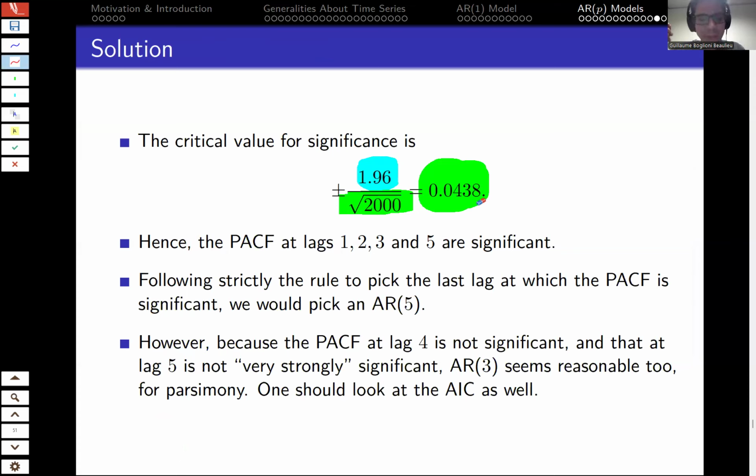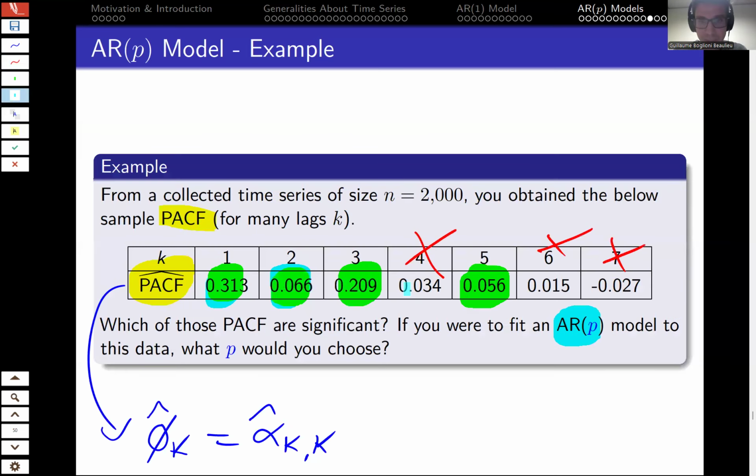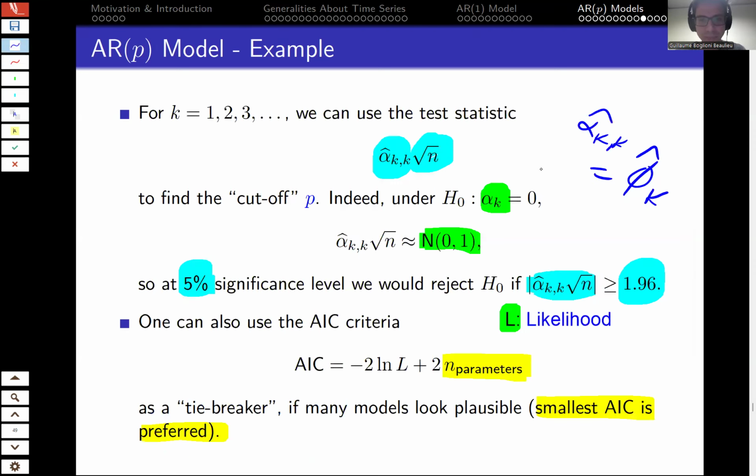Here, maybe there's a little bit of ambiguity. If you follow strictly the rule to pick the last lag at which the partial autocorrelation is significant, then you would pick an AR5, because at lag 5 the partial autocorrelation is still significant.